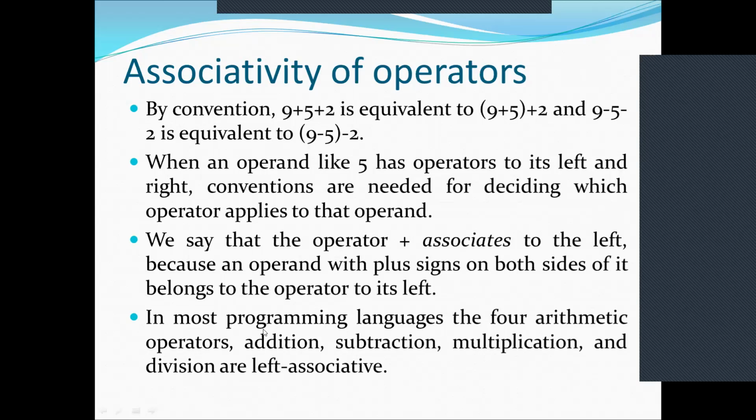In most programming languages, the four arithmetic operations, addition, subtraction, multiplication and division, are usually called left associative. Meaning, usually these symbols are associated to the left side. So if we say 5 minus 5 minus 2, the minus is associated to the left value.